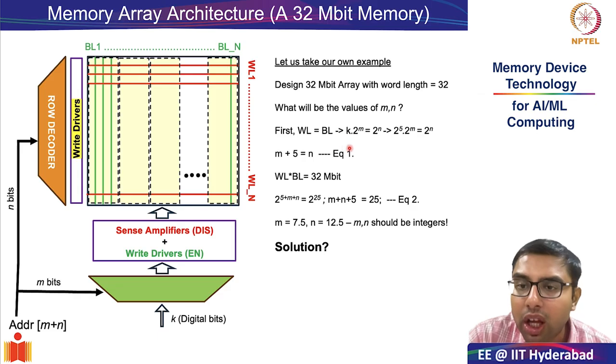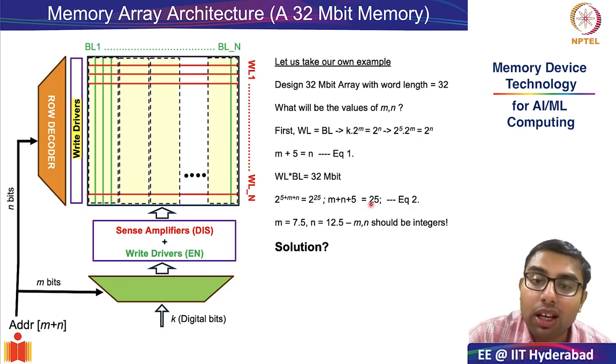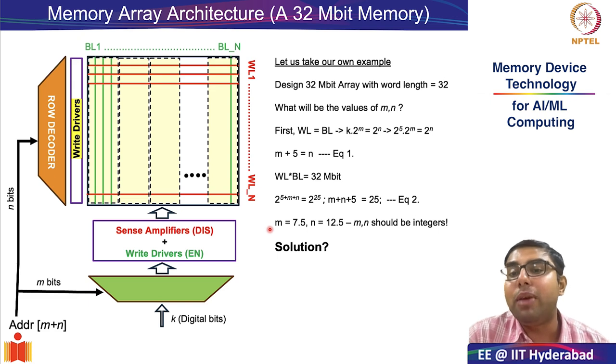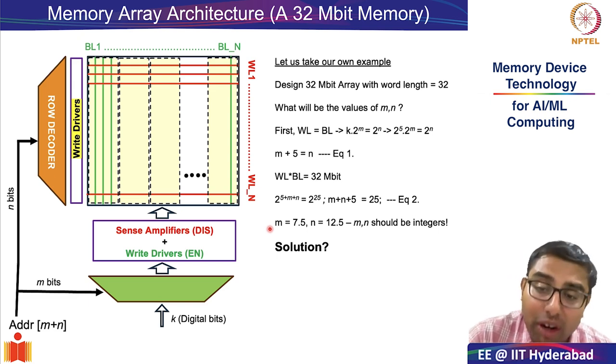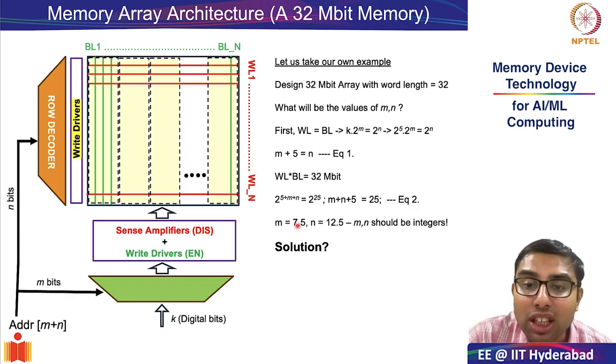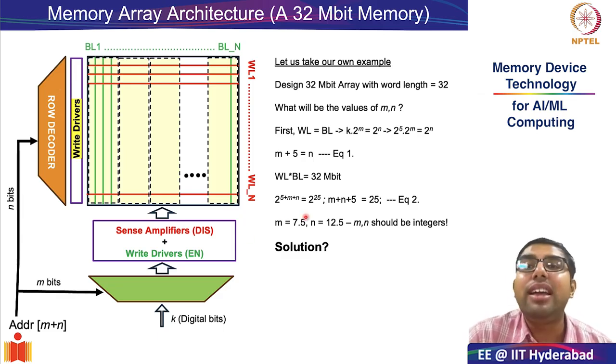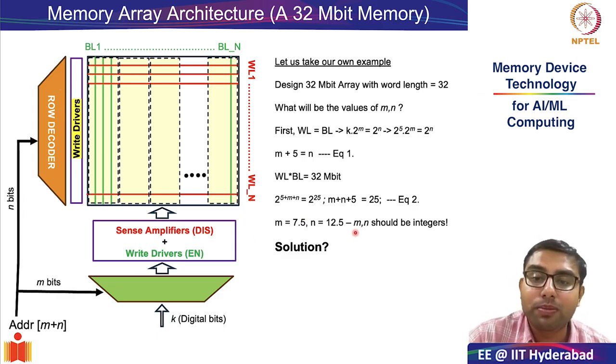If we solve equation 1 and equation 2 consistently, we see that the values for m and n are 7.5 and 12.5. Now this is a really big problem because you cannot design row decoders and column muxes with non-integral values for m and n.